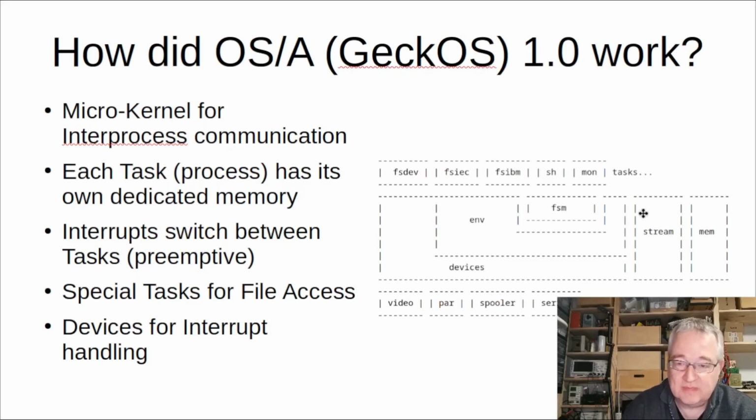The stream module here is for the intercommunication. So any kind of communication between tasks and file system is you put a byte into a stream on one side and then you take it out on the other side. And that works with devices, works with tasks, and so on. The memory setup is then to manage the physical memory.